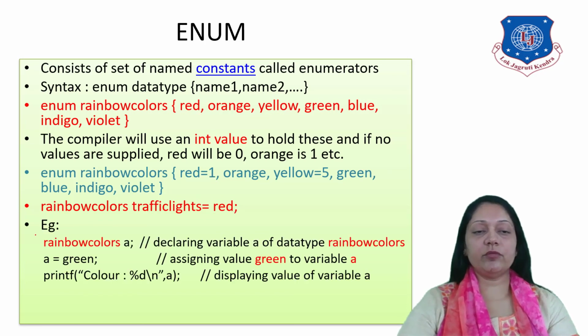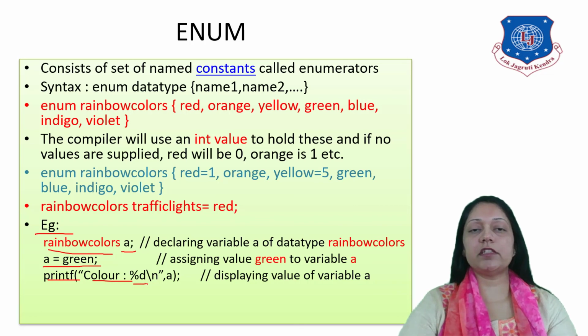Okay, so let's see one more example of using enum in your C program. Rainbow colors is my data type and A is the variable. Now I want to assign some value to A. So A is equal to green. If you want to display the value of A, then you use printf, color colon, which would be printed as it is onto the screen.